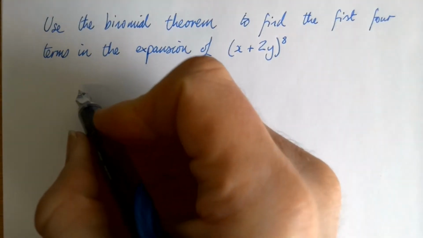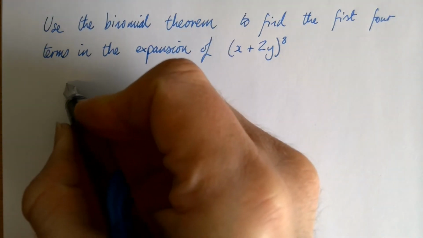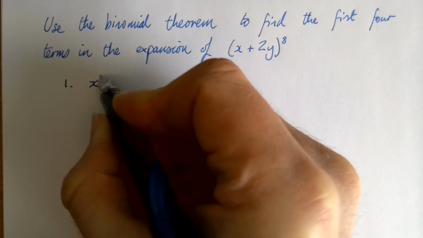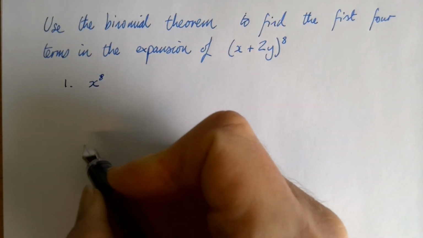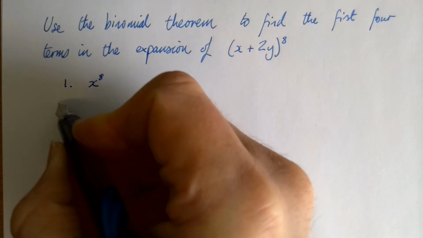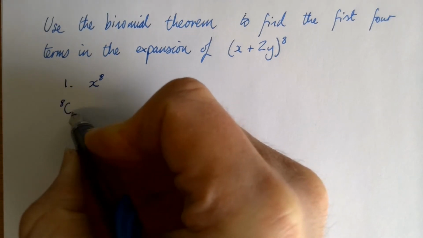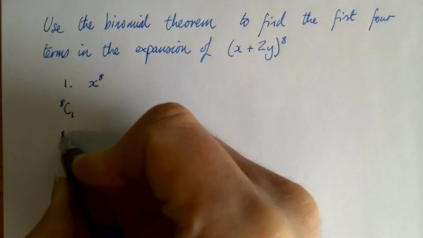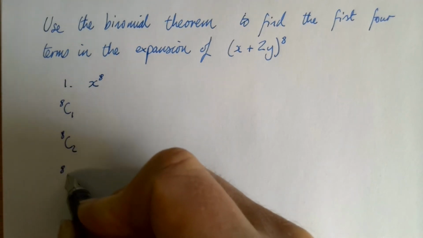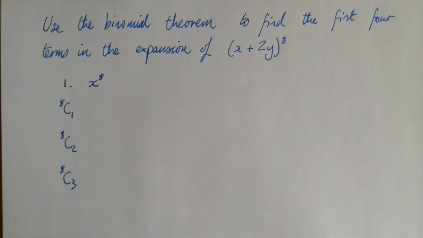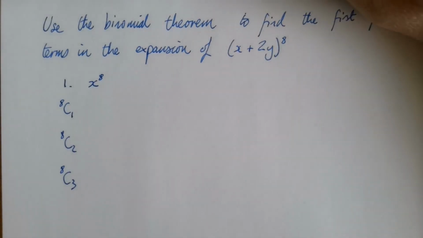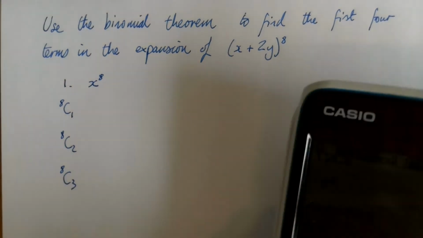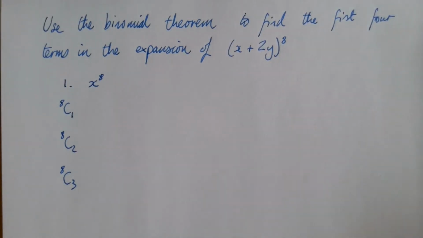Right, so first up, we're just looking for the first 4 terms. So the first term is going to be 1 times x to the power 8. But then we're going to have 8 choose 1, 8 choose 2, 8 choose 3 for the next 3 terms. And 8 choose 1 should give you 8.